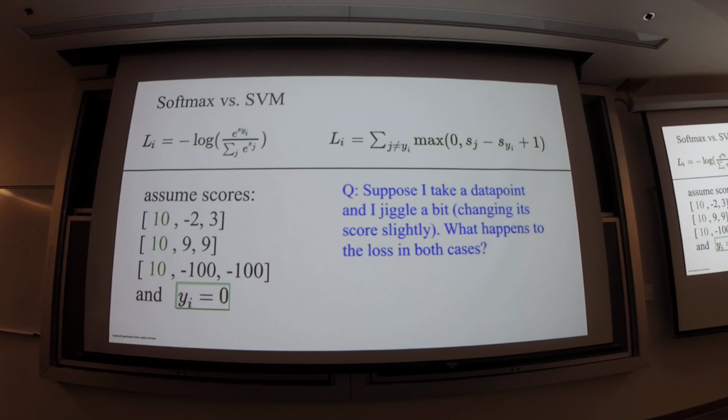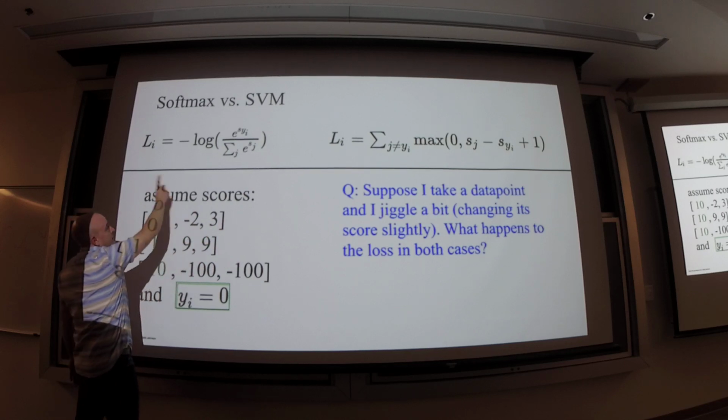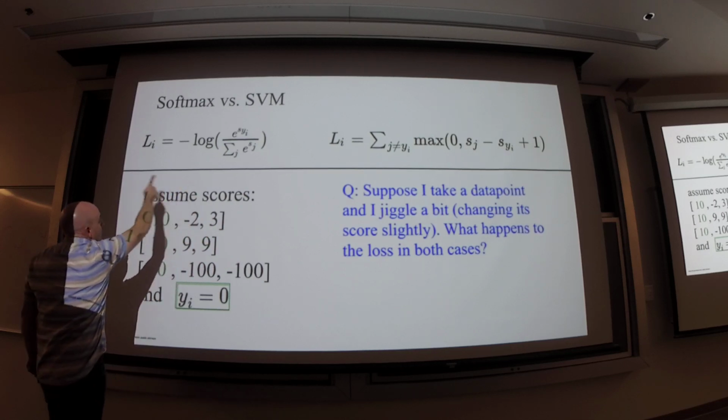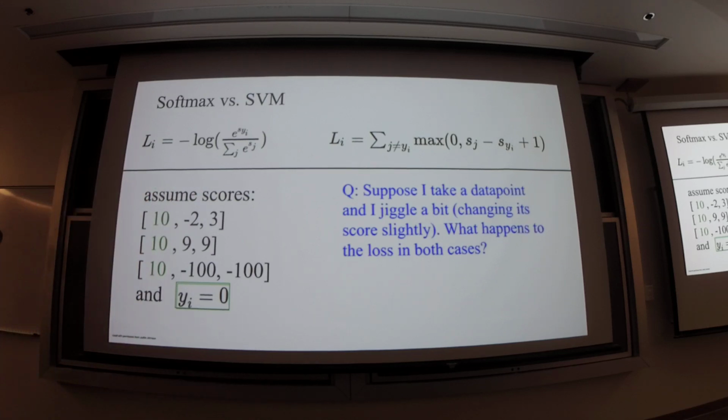Everything's very smooth there. The fact that we have this hinge for the SVM loss means that we have regions where there's no sensitivity at all, and other regions where there is. That doesn't mean a whole lot, but it does matter. What it means is that every data point is going to contribute some loss to the loss function.